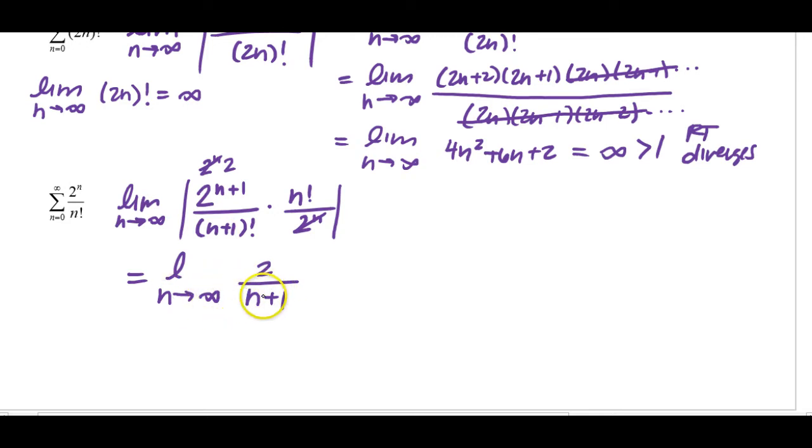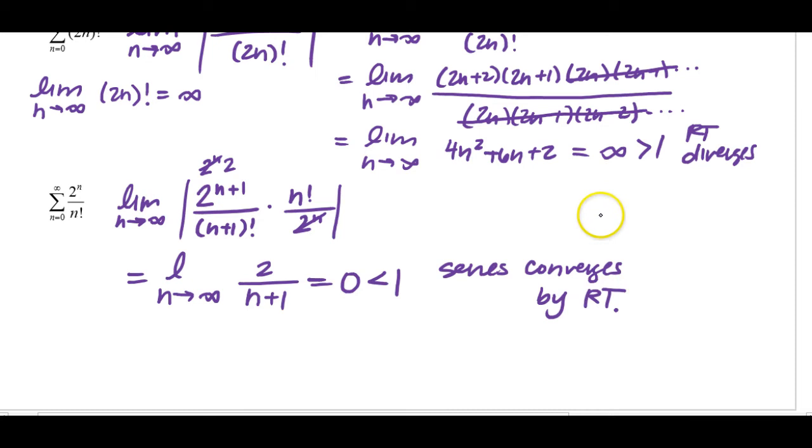So as n values approach infinity, the bottom of this is growing bigger, so this limit goes to 0, which is less than 1, so the original series converges by the ratio test. So these are just a few examples of applying the ratio test to a series.